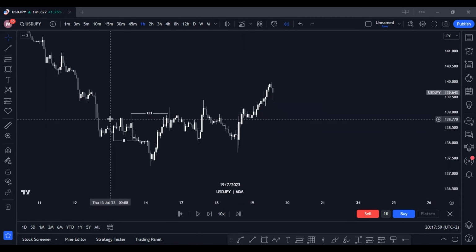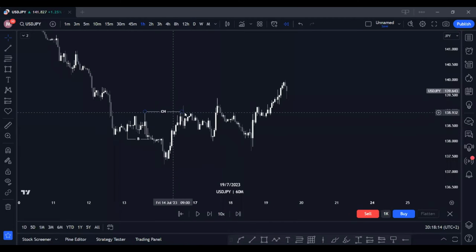A break of a high or a low is only formed when price closes above or below with a candle body close. Okay, so as you can see here, price gave us this break of structure and our change of character.